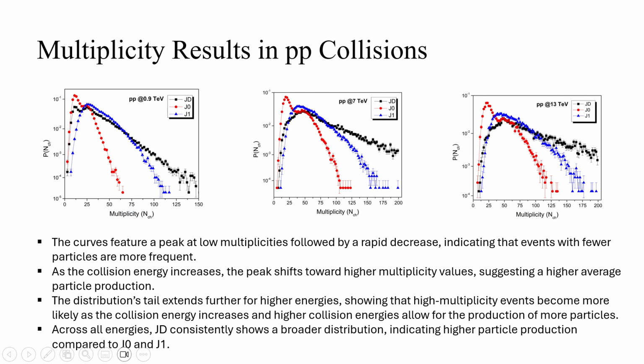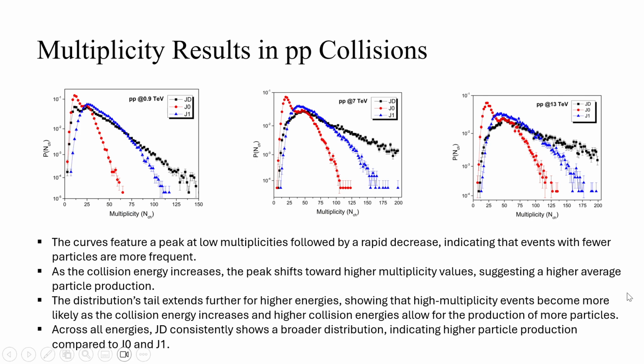So this is the energy variation of the multiplicity results, and this trend indicates that higher collision energies allow for production of more particles due to increased available energy of the particle generator. You can infer from these results that higher collision energy, like 13 TeV, allows for the production of more particles.